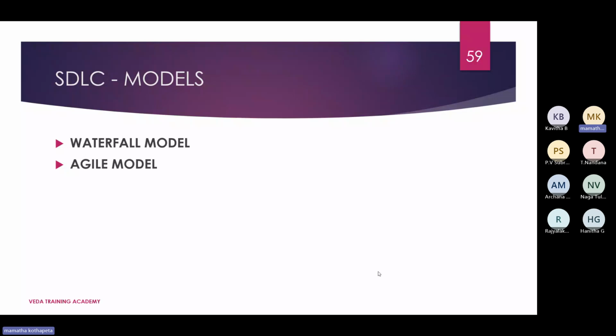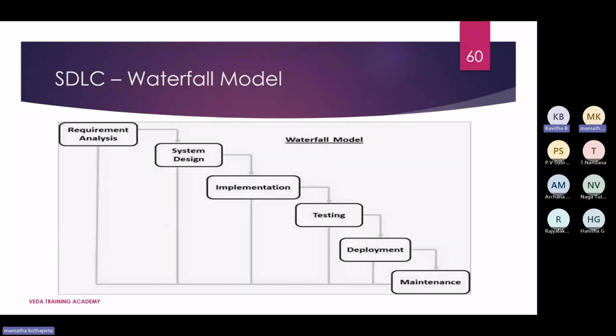Okay. Now let's move on. This is the waterfall model, right? Please make a note, or if you remember, that's fine. These are the different phases of the waterfall model: requirement analysis, system design, implementation, testing, deployment, and maintenance. You can see the arrow marks, correct?